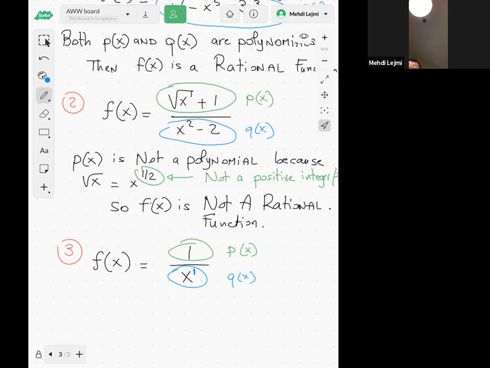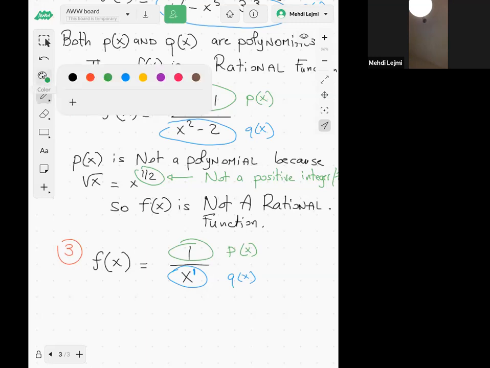Actually, the answer is yes, Lorden. So q is a polynomial. That's clear because it's just x, which is x to the power 1. But p is also a polynomial, as I explained a couple of days ago, I guess.